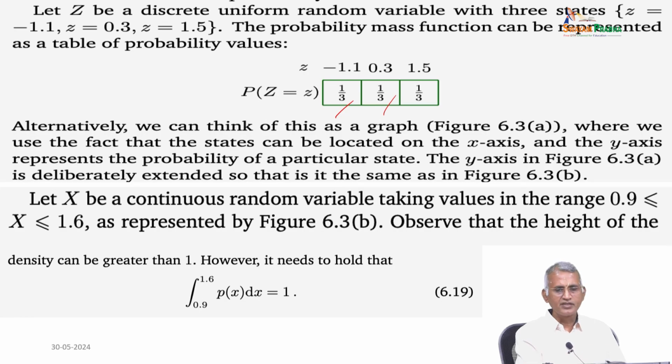So, we have 3 states: minus 1.1, 0.3 and 1.5. We have a mass function that can be represented with probability values.